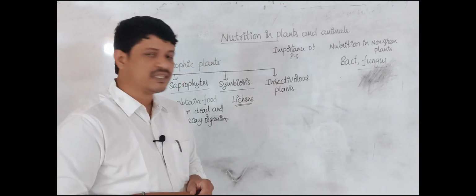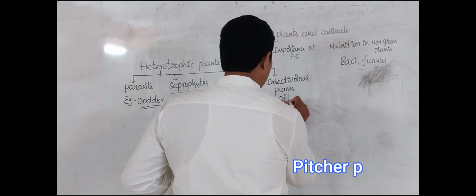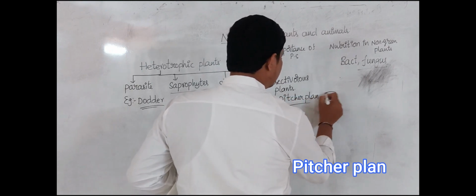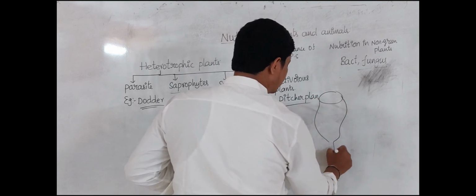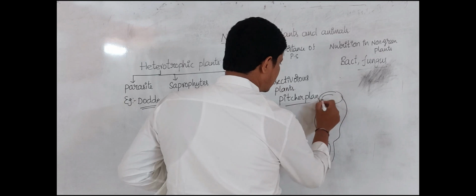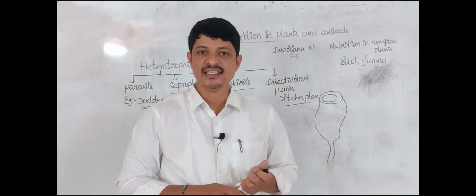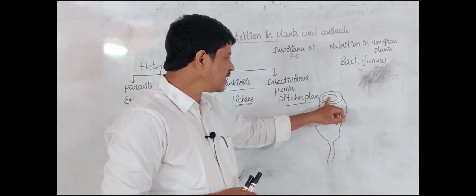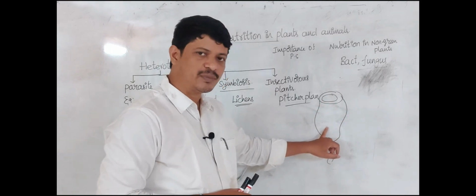Now, insectivorous plants. An example is the pitcher plant. See here, the plant is like a pitcher. This pitcher plant attracts insects. When the insects are attracted by this plant, they enter into this pot.